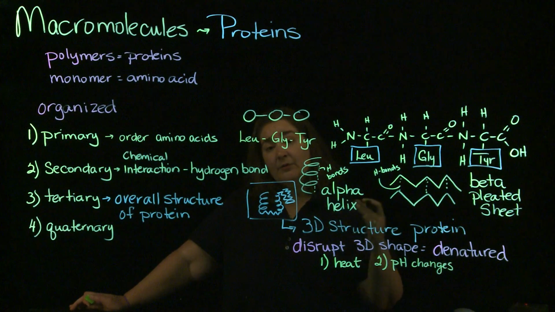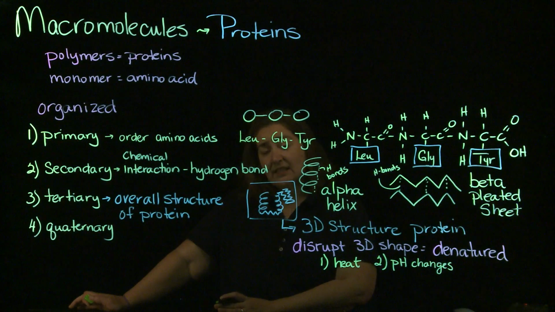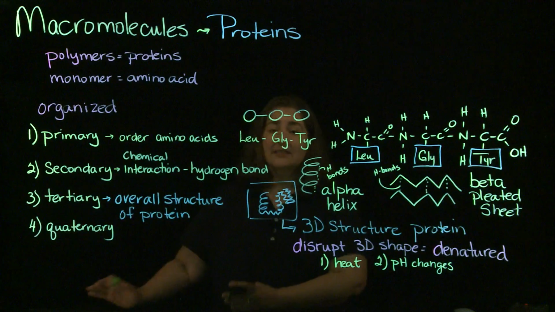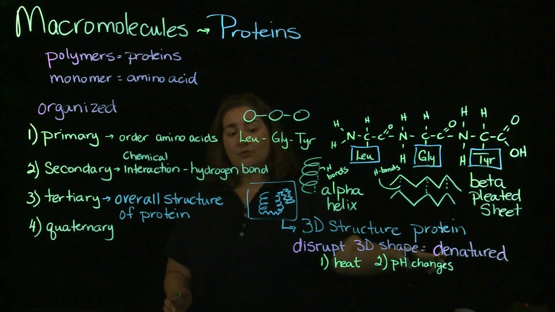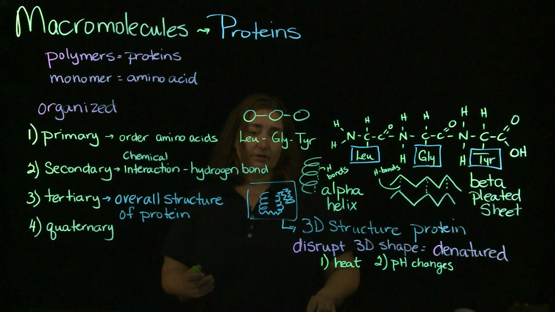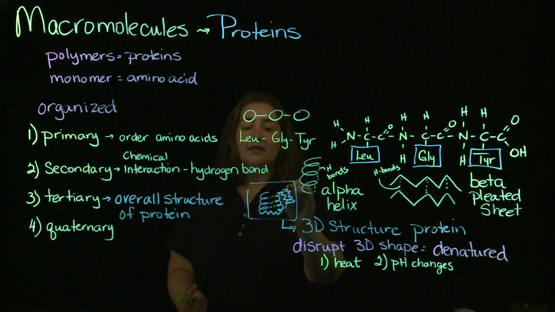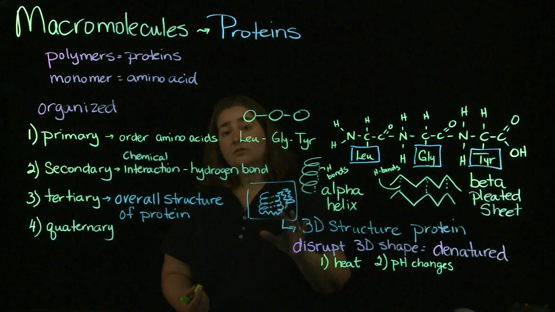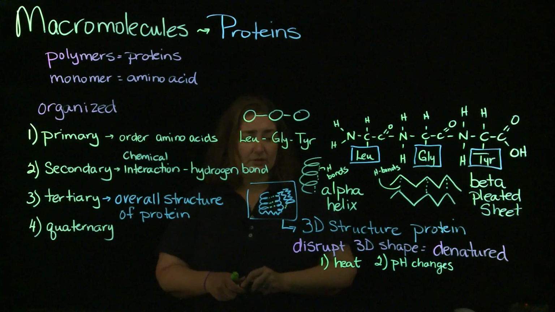So if the environment becomes too acidic or too basic, that protein isn't going to function, because essentially when you're denaturing a protein, you're disrupting the hydrogen bonding that's happening, okay? And you may have some hydrogen bonding and some other bonding happening in your three-dimensional structure, or your tertiary structure as well, okay?